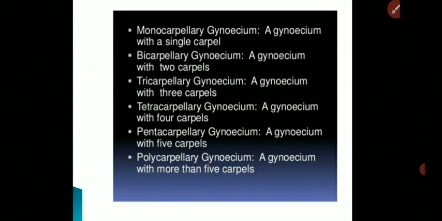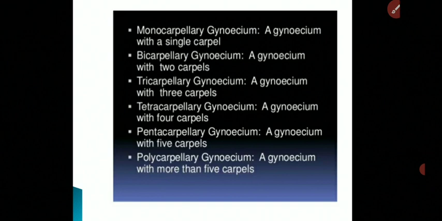When two carpels are present, it is called bicarpellary, the example is datura. When three carpels are present, it is called tricarpellary, and the example is euphorbia. When five carpels are present, it is called pentacarpellary, for example hibiscus. And when more than five carpels are present, the gynoecium is called polycarpellary, and the best example of polycarpellary is the rose flower.